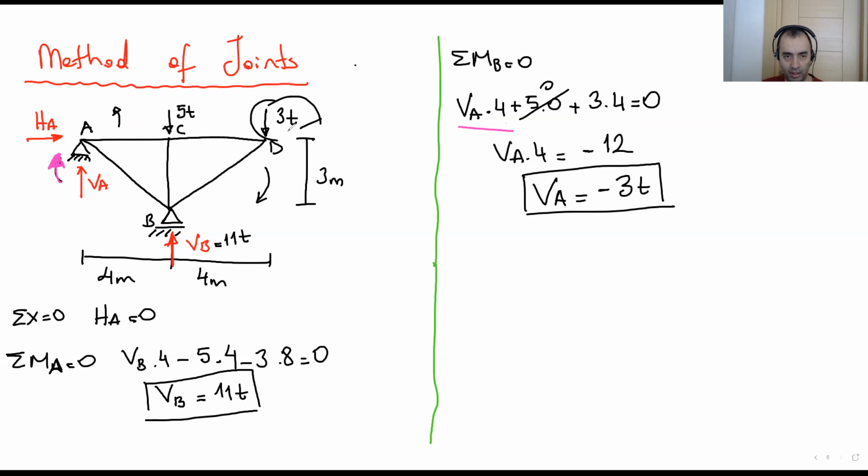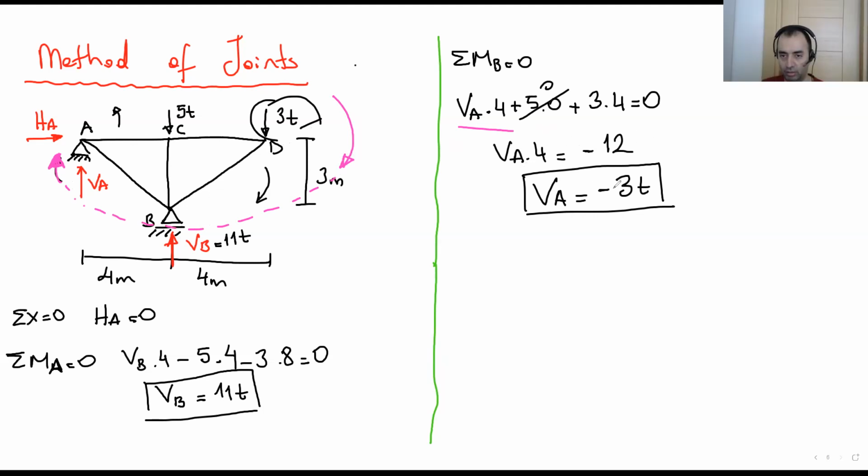You know this one. No, 3. 3 rotates the system, as you can see, in this direction. Can you see this direction? Yes. When you compare this direction with this one, they are in the same direction. So that's why it's positive. Okay.